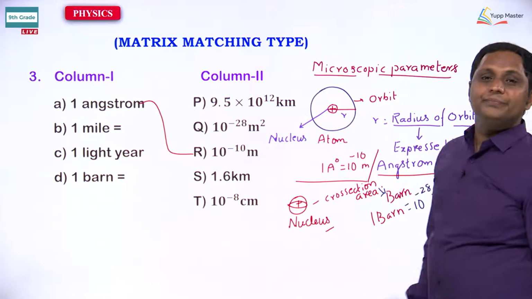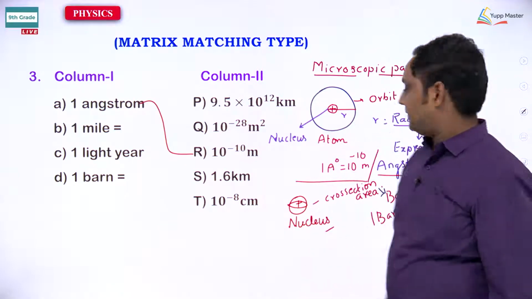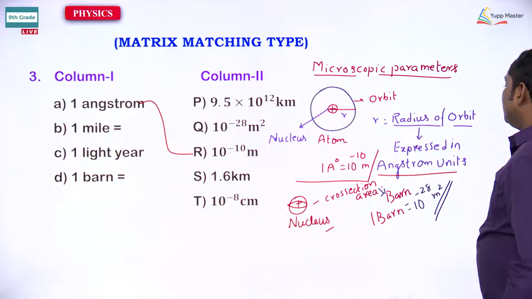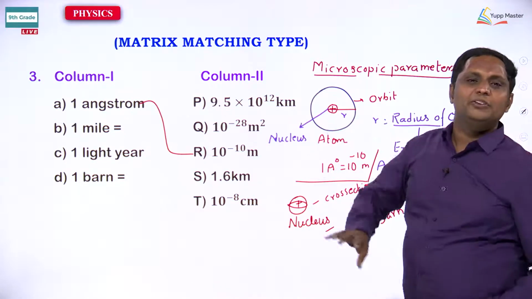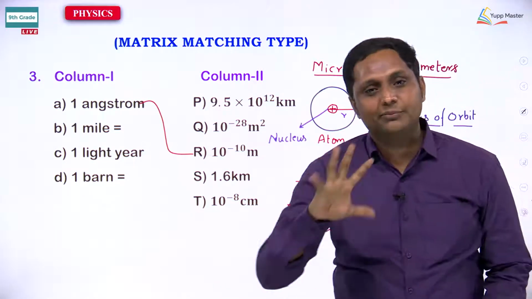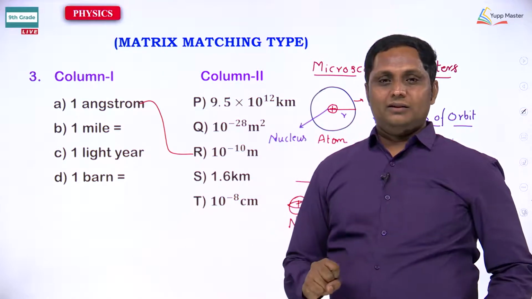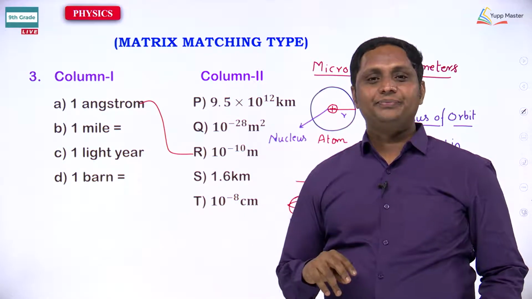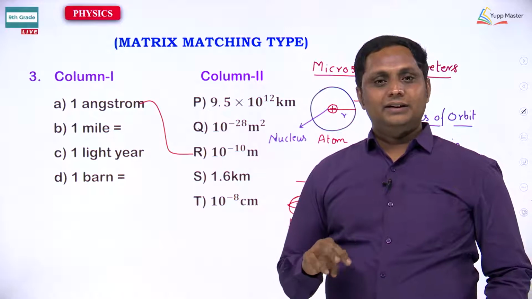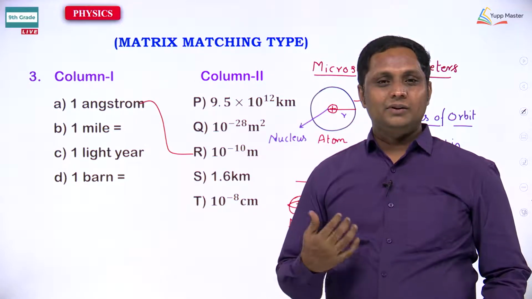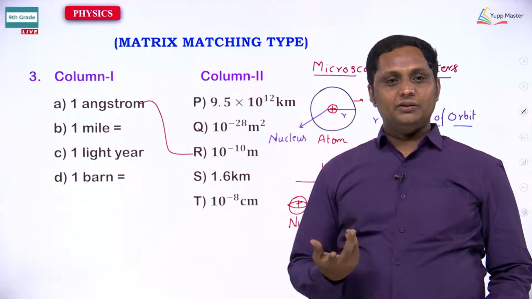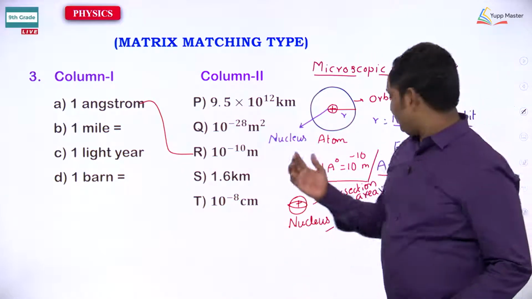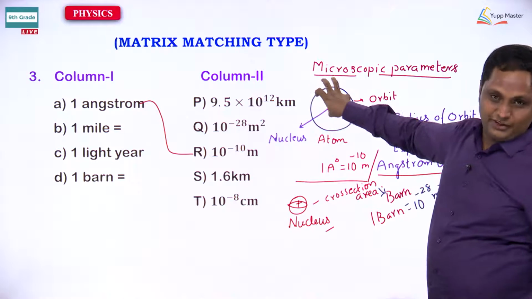Are you getting the use of the barn? The microscopic parameters are very useful to describe the structure of the atom, the size of the atom, the radius of the atom, and the nucleus, which is very small.